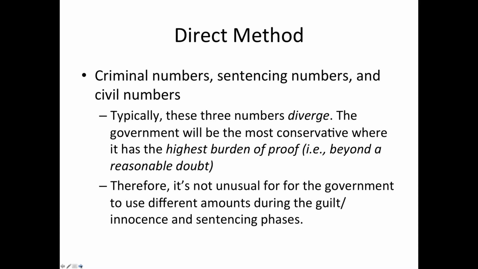So in their case in chief, the government will be very conservative with the loss that they claim was suffered as a result of the evasion. So it's not unusual for the government to use different amounts during the guilt, innocence, and sentencing phases. And remember, the reason why the government is conservative with the figures in their case in chief is because that is a stage of the case where they have the highest burden, beyond a reasonable doubt.